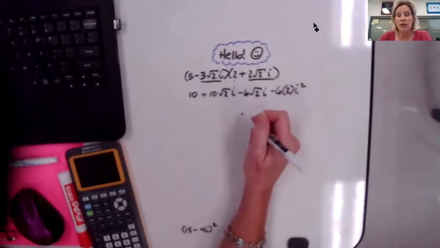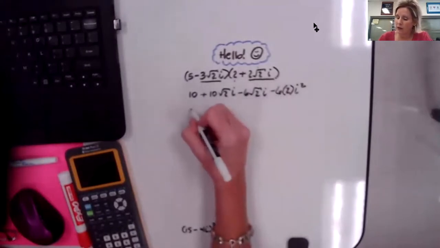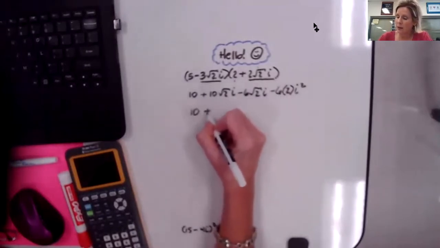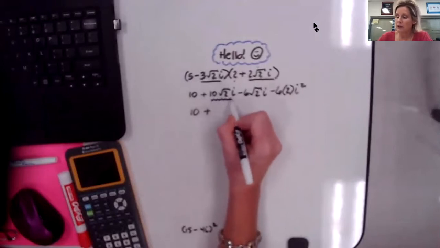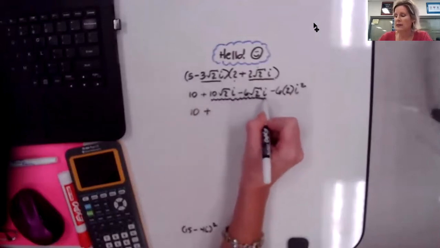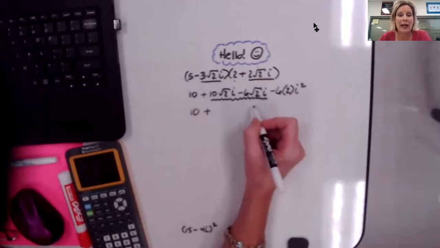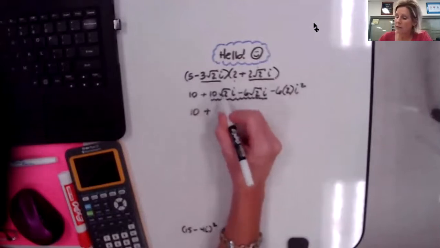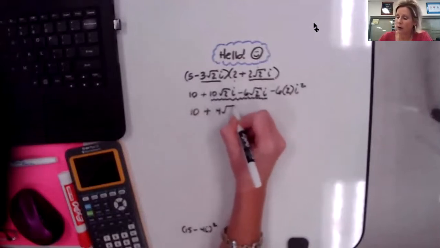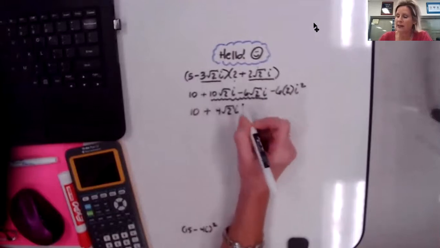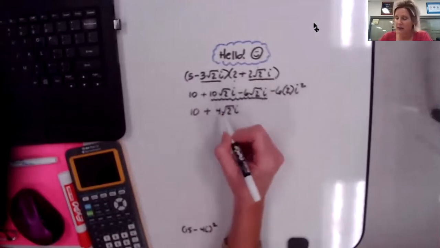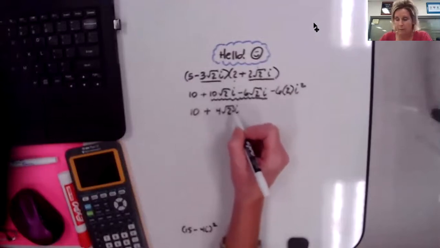So now what I have to do is remember that I've got 10 plus, look here, 10 square root 2i and 6 square root 2i. Those are like terms. So 10 minus 6 is 4, and the square root 2i, this is like saying 10x minus 6x. So you get 4x.